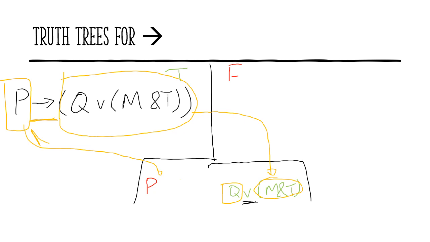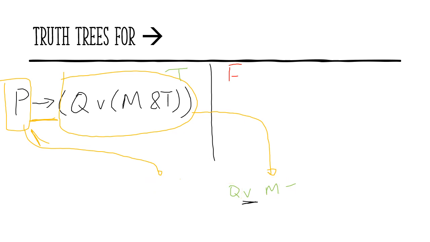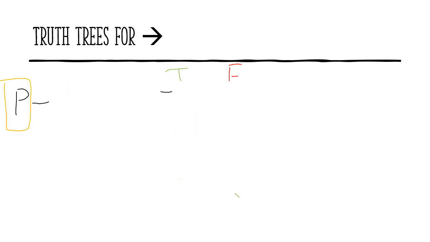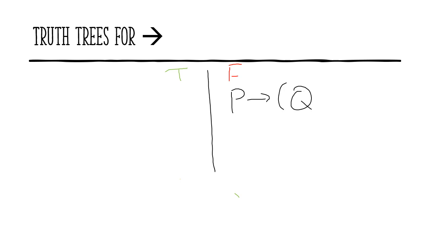And just for good measure, let's do this where it's the opposite way around. I might forget this exactly, but we already do. Say we got our line here, but our P arrow, Q, R, M, and T. So same thing as before, but now it's on the right side.